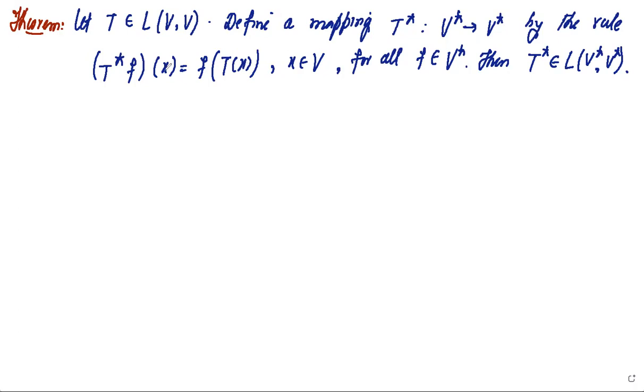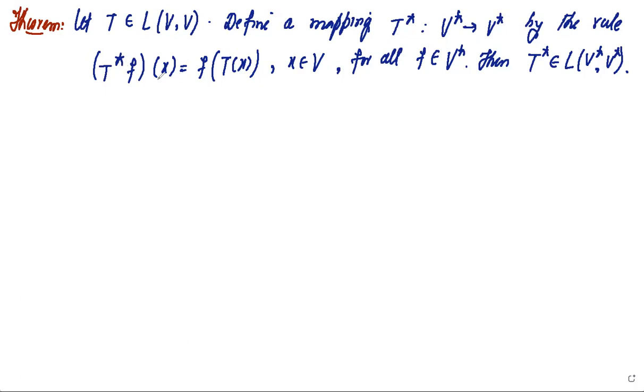Again, x is an element of V, and f is a linear functional on V, so f of x is a scalar in the scalar field over which V is a vector space.